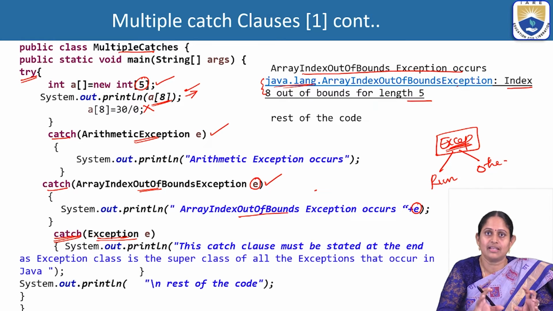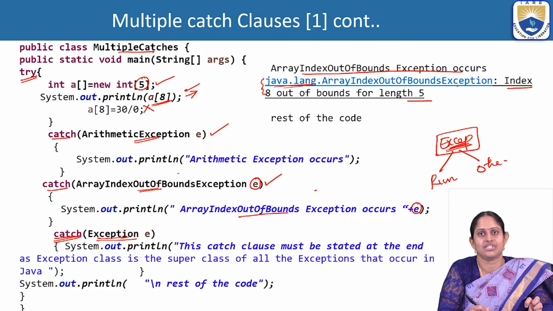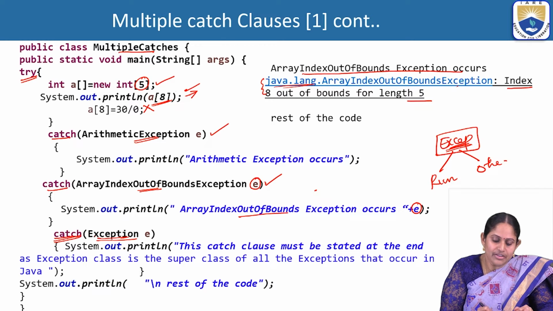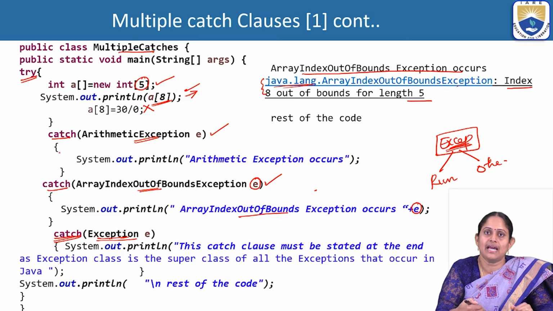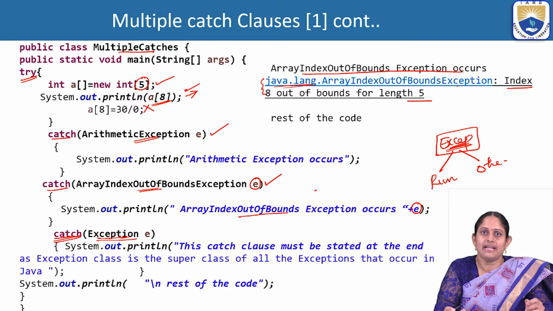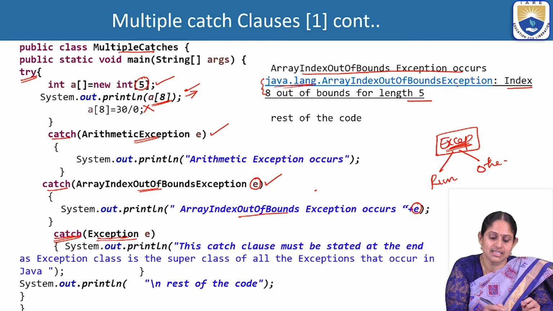We can make the superclass handle any exception which does not have a match in the catch blocks. Also, if we place this Exception block before any of its subclasses, Java will throw a compile time error saying these exceptions cannot be reached.